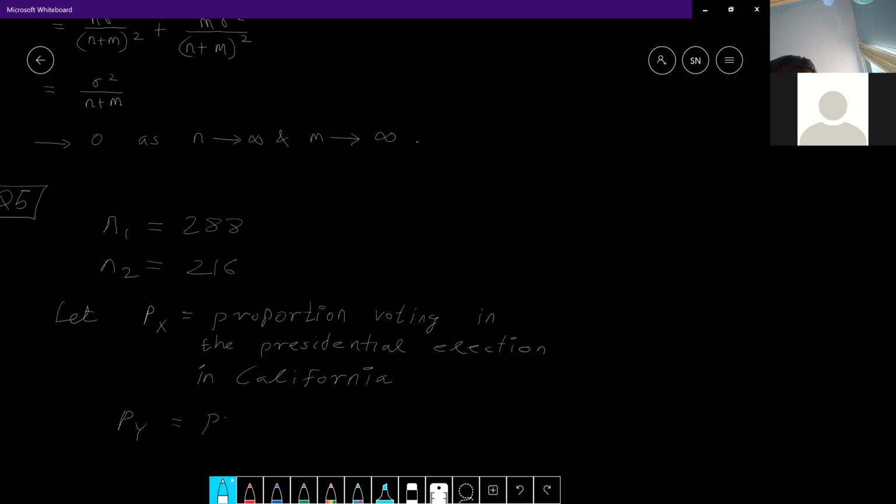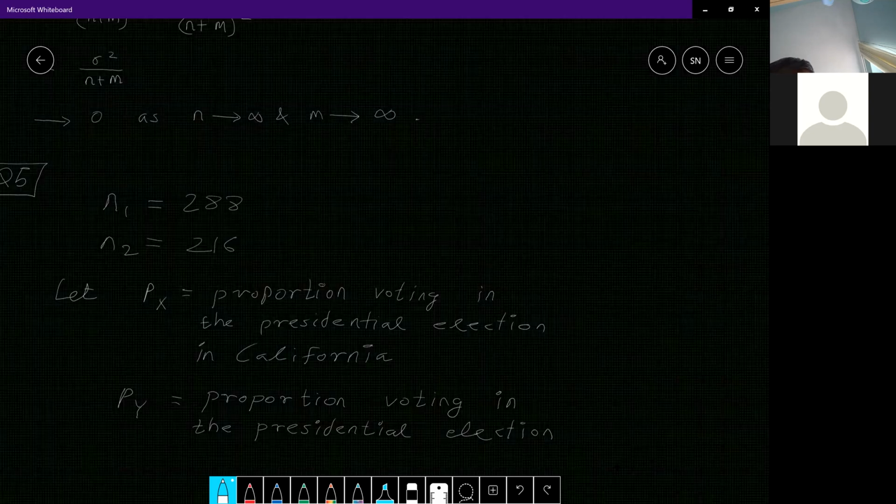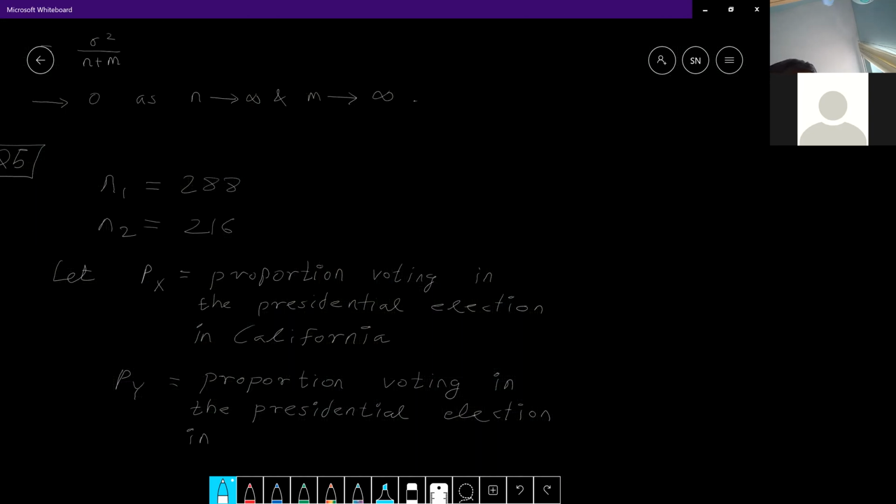Okay, so the proportion voting in the presidential election in Colorado. Okay. So these are the two.